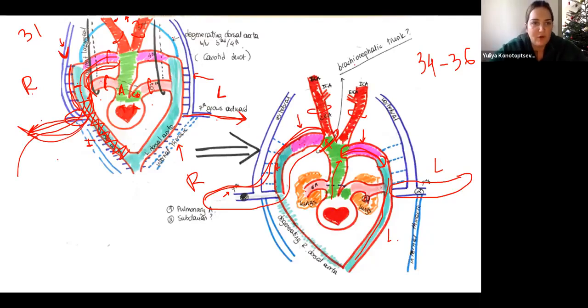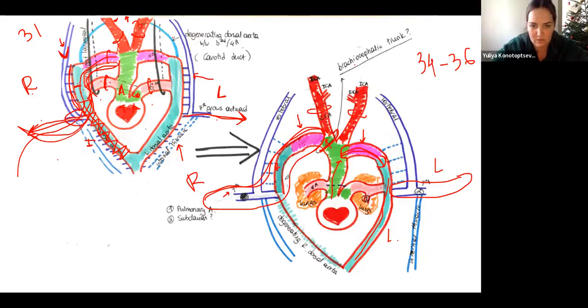Now, what was recurrent laryngeal hooking around? Originally, it was hooking around the 6 aortic arches on both sides. But do you remember that on the right side, the 6th aortic arch lost the connection to the dorsal aorta. So recurrent laryngeal is going to jump up, right? Because now nothing is holding it here.